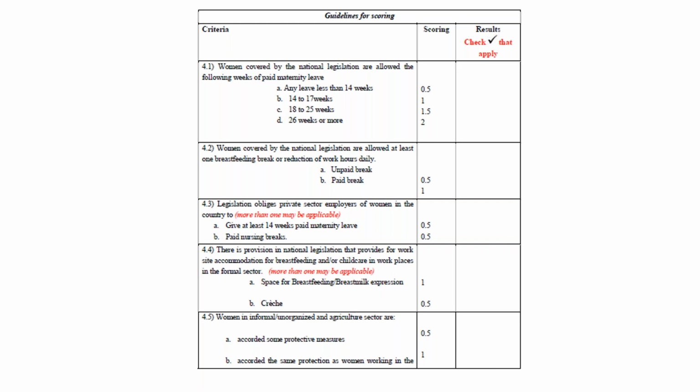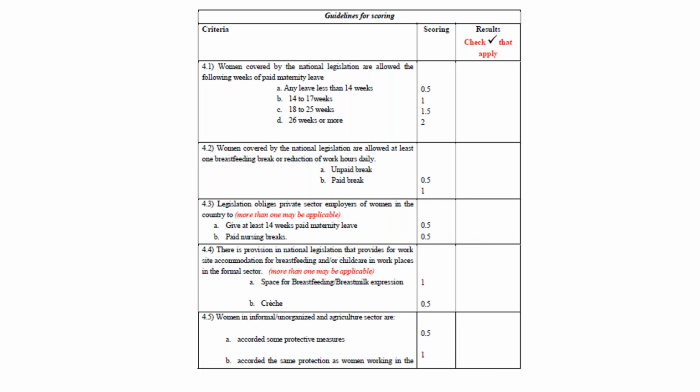And creche, which is B here, creche is on-site daycare for small children. And again, we do not have national legislation that encourages organizations to have creche set up at their work site.